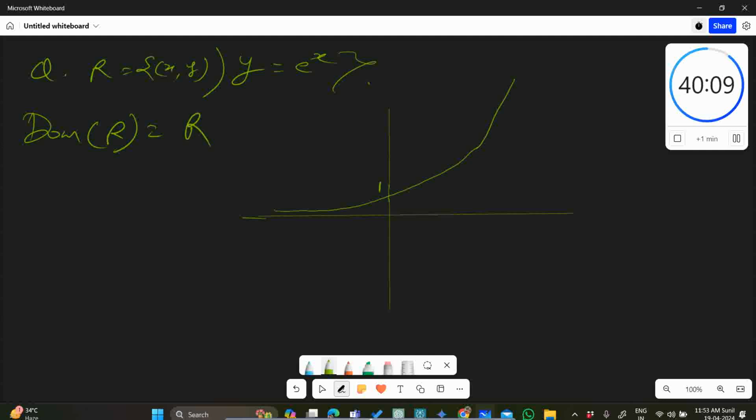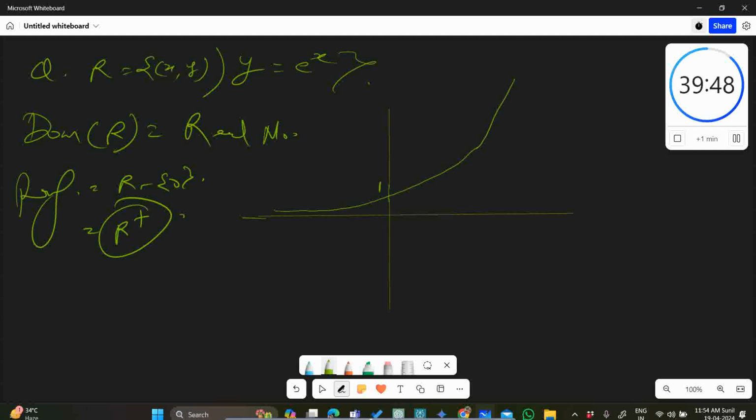What is the range here? The range is R positive.